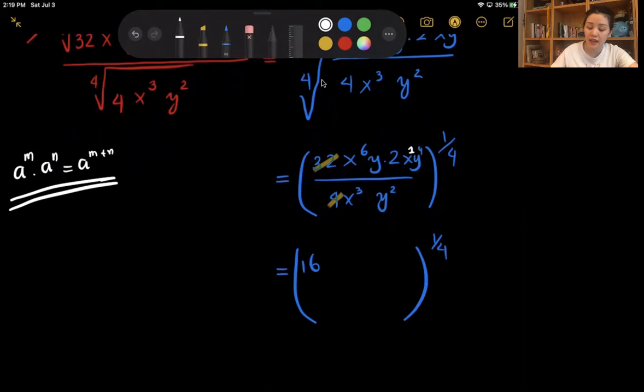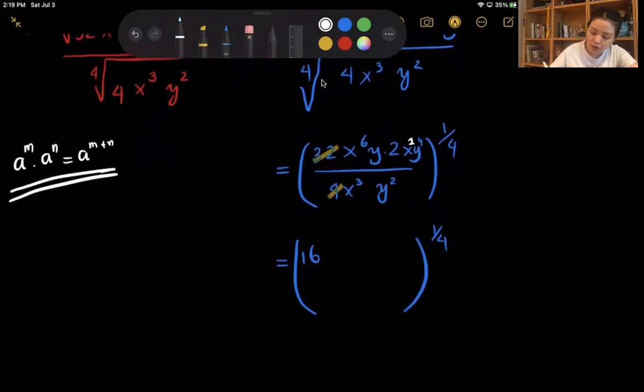All you have to do is add the exponents. So it's going to be 6 plus 1, that's x to the 7. And then for the y term, I got y to the first times y to the 4, so that'll be y to the 5th power. Divided by x cubed y squared.